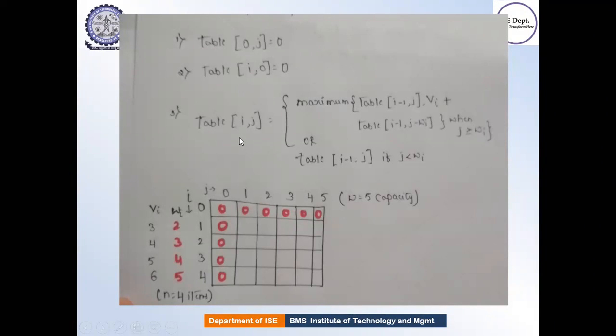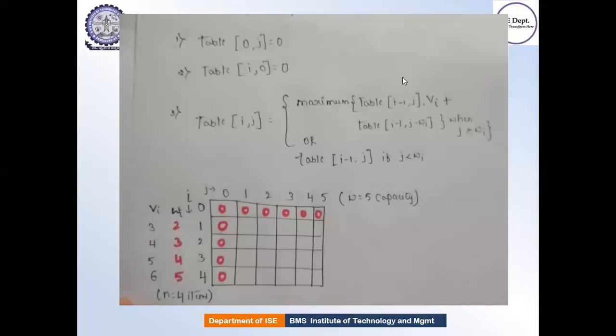Next, start filling the remaining entries using this formula. Table of i comma j is equal to the maximum of table of i minus 1 comma j.